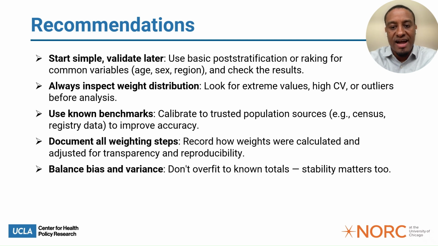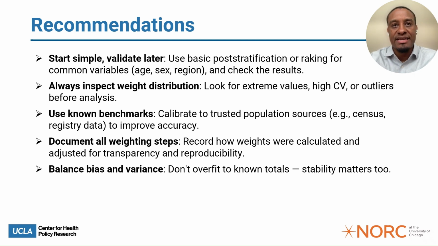Before you start your final analysis, look for extreme values, for high coefficient of variation, or other outliers. Whenever possible, use known benchmarks. Calibrating your data to trusted population sources like census data is one of the best ways to improve accuracy. Whenever possible, use non-trusted benchmark to calibrate your weight.